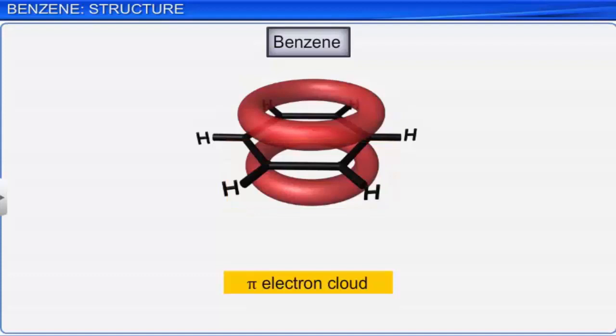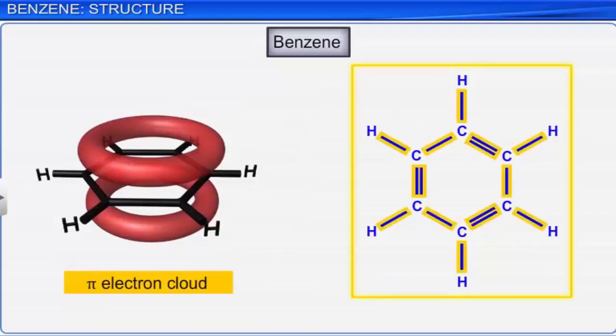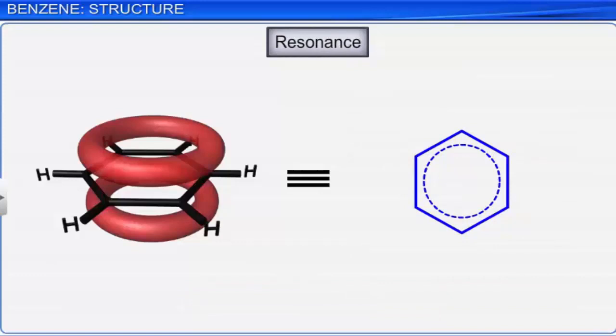This delocalized pi-electron cloud makes benzene more stable than the hypothetical cyclohexatriene. Hence, this is the resonance hybrid of benzene. We know that the stabilization of benzene takes place due to resonance, which is also responsible for its aromatic character.